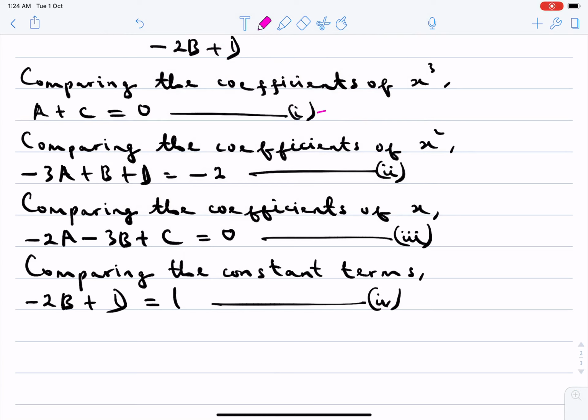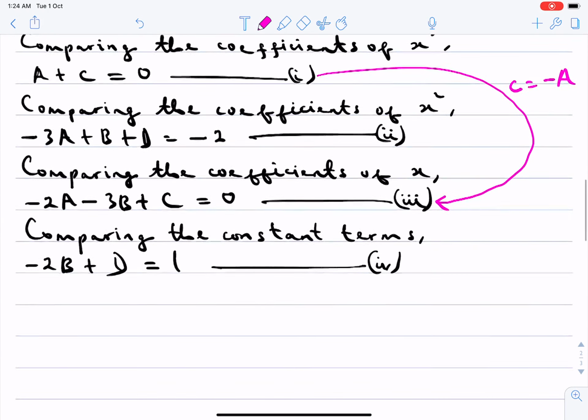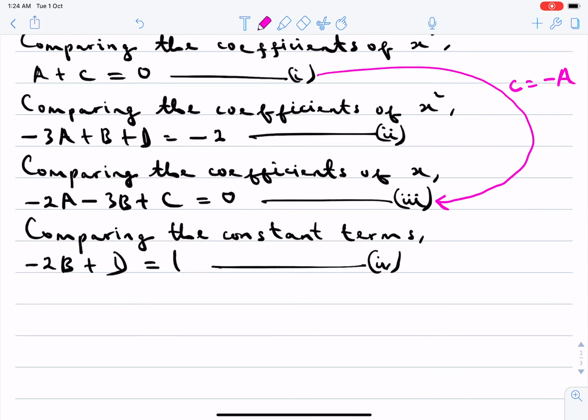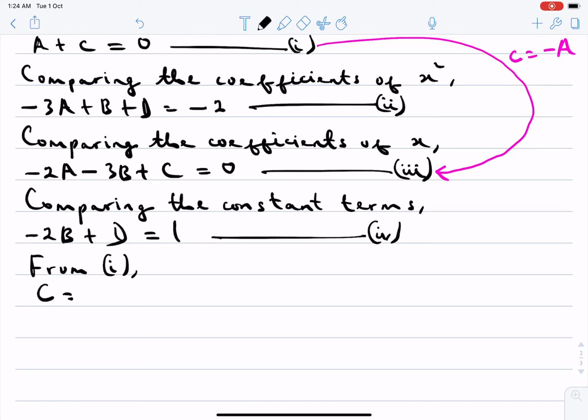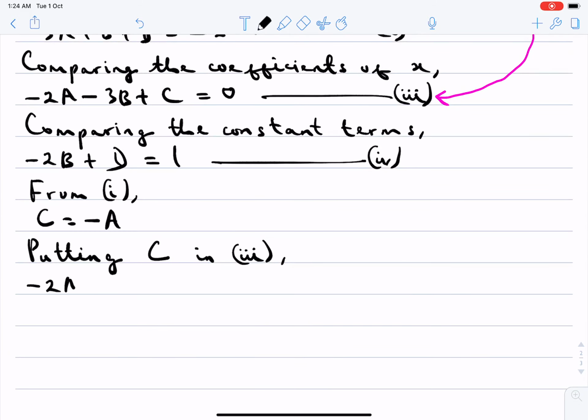From equation 1, c is equal to minus a. Putting c in equation 3, wherever I see c in equation 3, I'm going to write minus a.